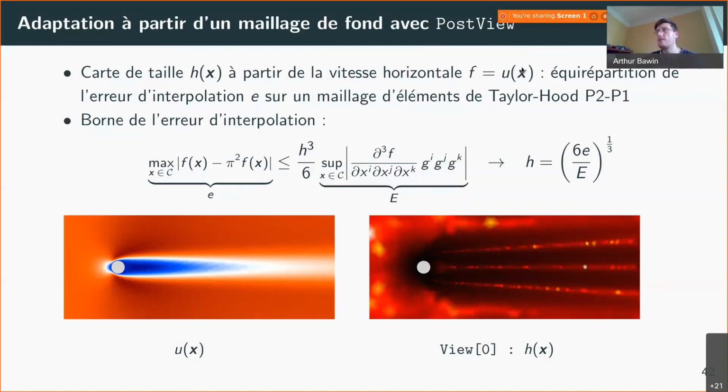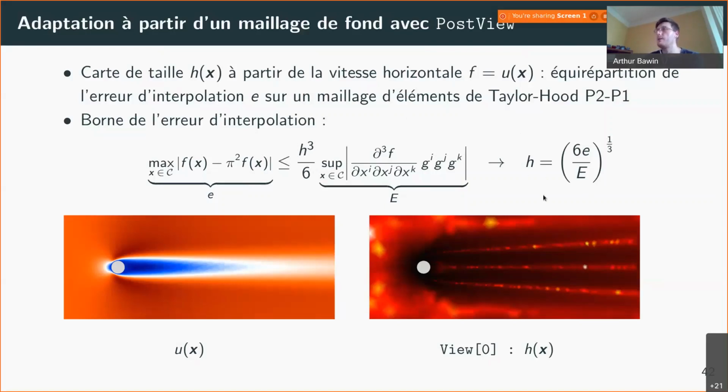So the velocity field is represented by second order finite elements. If we want to find a bound on the error, we can bound the difference between the function u and its second order interpolation, which we computed on the mesh. It's given essentially by the third order derivatives and the third power of the mesh size. The mesh size is our unknown, and we end up with this expression.